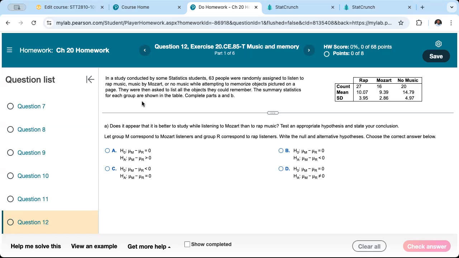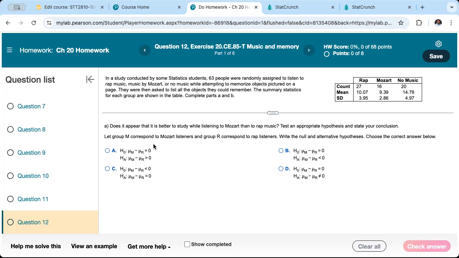And then the summary statistics for each group are shown in the table below. So this is a summary statistic. So we are told that 63 people, so out of the 63 people, you can see the rap had 27, Mozart had 16, and then no music had 20. And then you can see these are their corresponding means, and then the sample standard deviations.